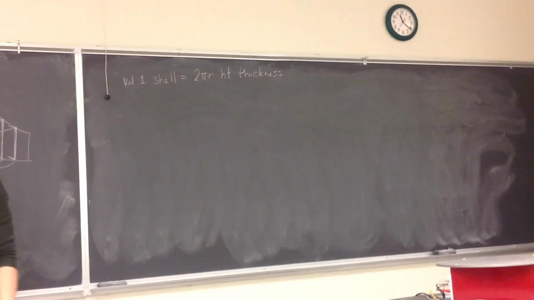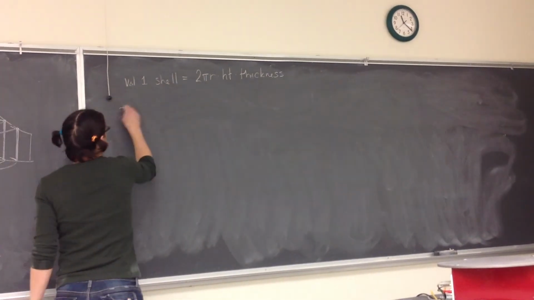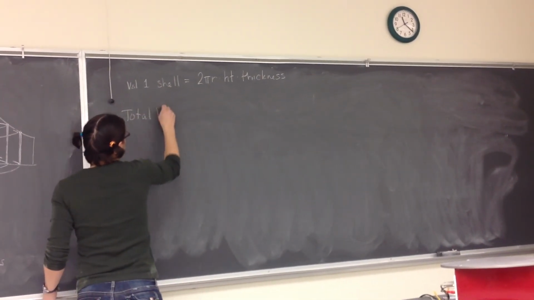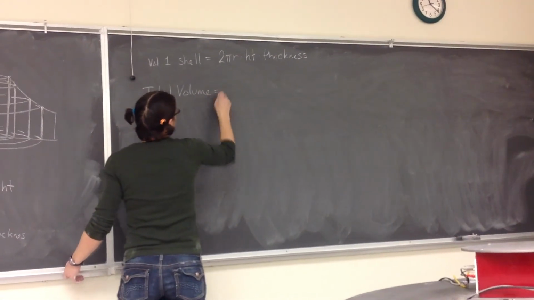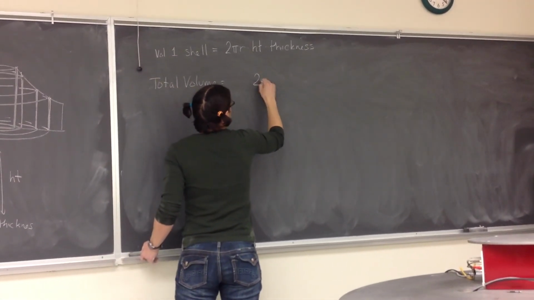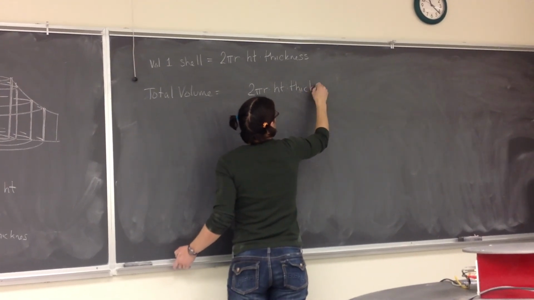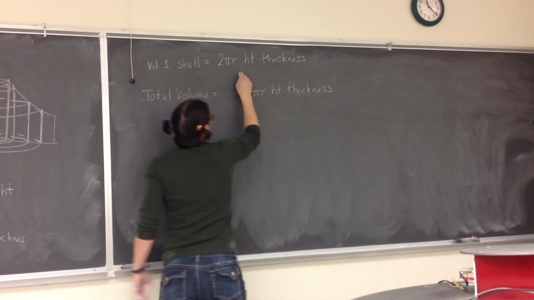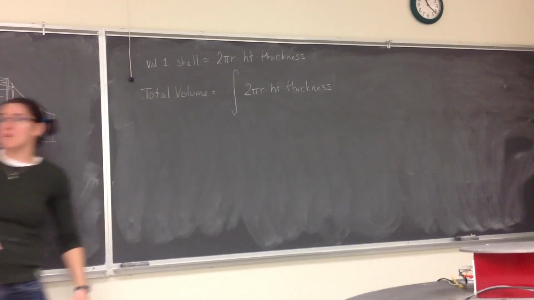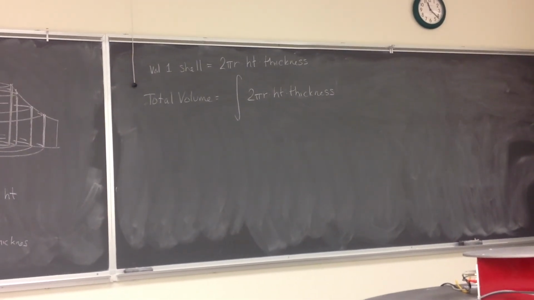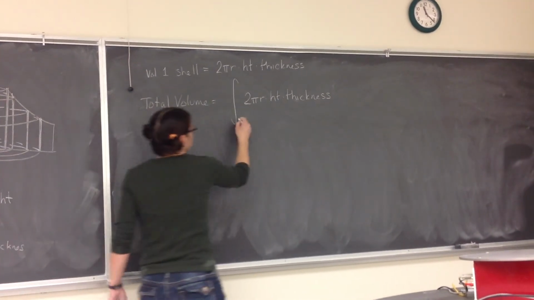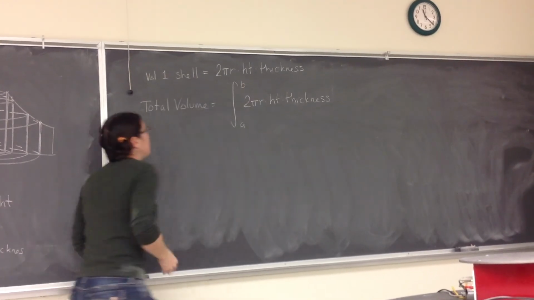And so if we want to come up with the total volume of our object, we'll take the volume of one shell, 2 pi r times the height times the thickness, and then do the same thing for every single shell. We'll add up all those shells, starting at A and ending at B.